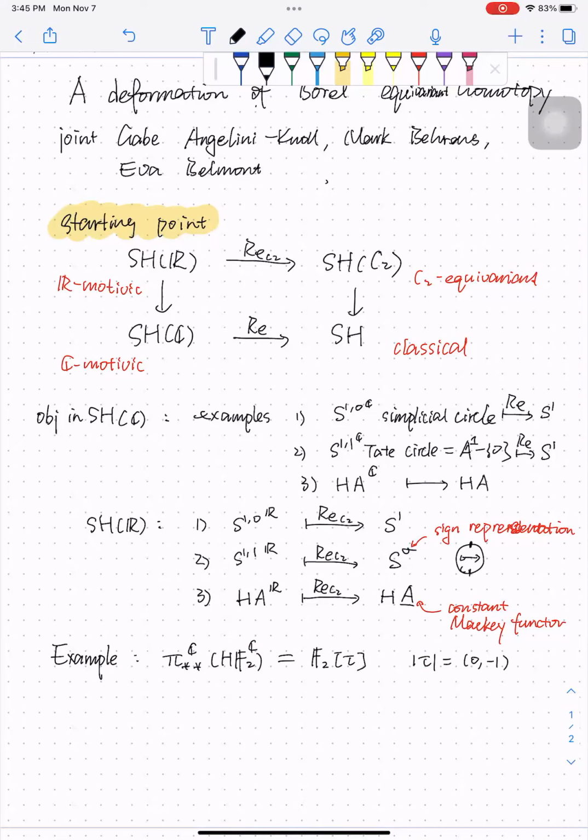So this is the C-motivic coefficient ring of the Eilenberg-MacLane spectrum. And the R-motivic one is a little bit more complicated than that, but it's still nice.